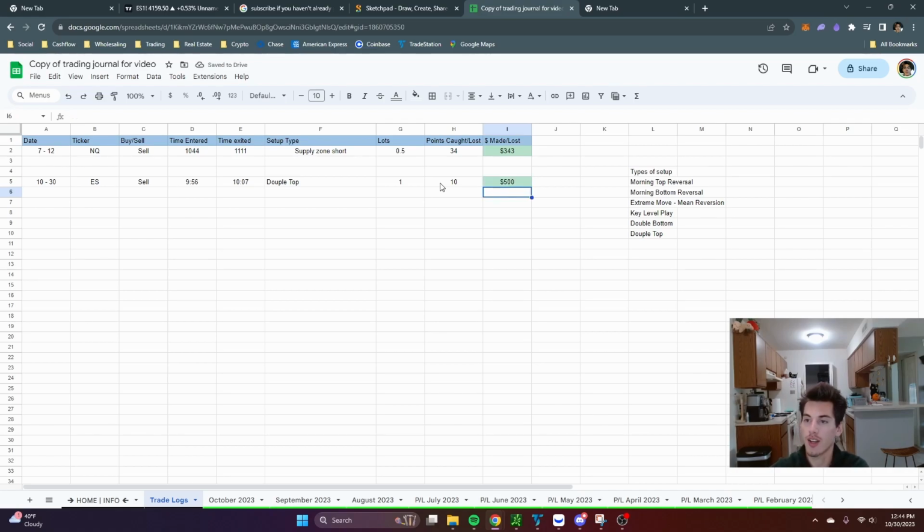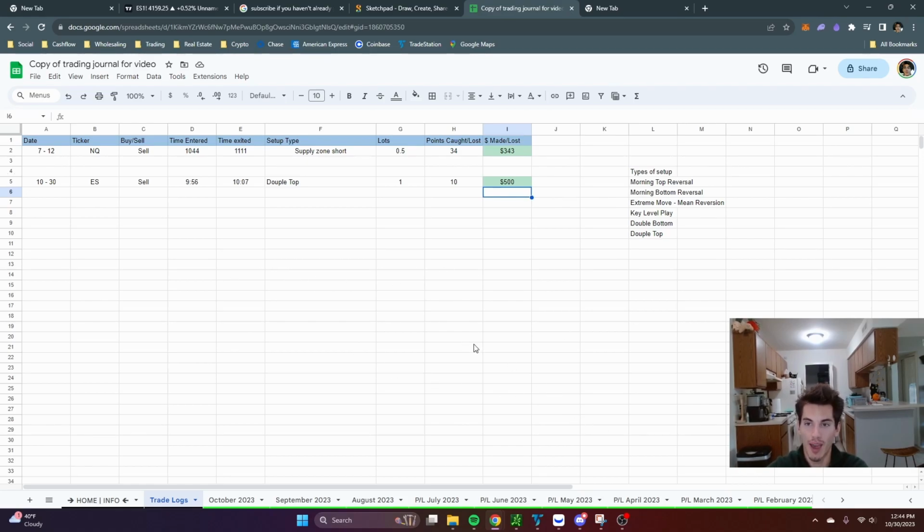So you can see that I don't have anything super fancy on here. I don't even have what prices I got filled at. And the reason for that is that it doesn't really matter what price you got filled at, right? If you got filled at 4,420 and sold at 4,430, it's really not going to matter if you got filled there or filled 300 points lower and just did a 10-point trade there.